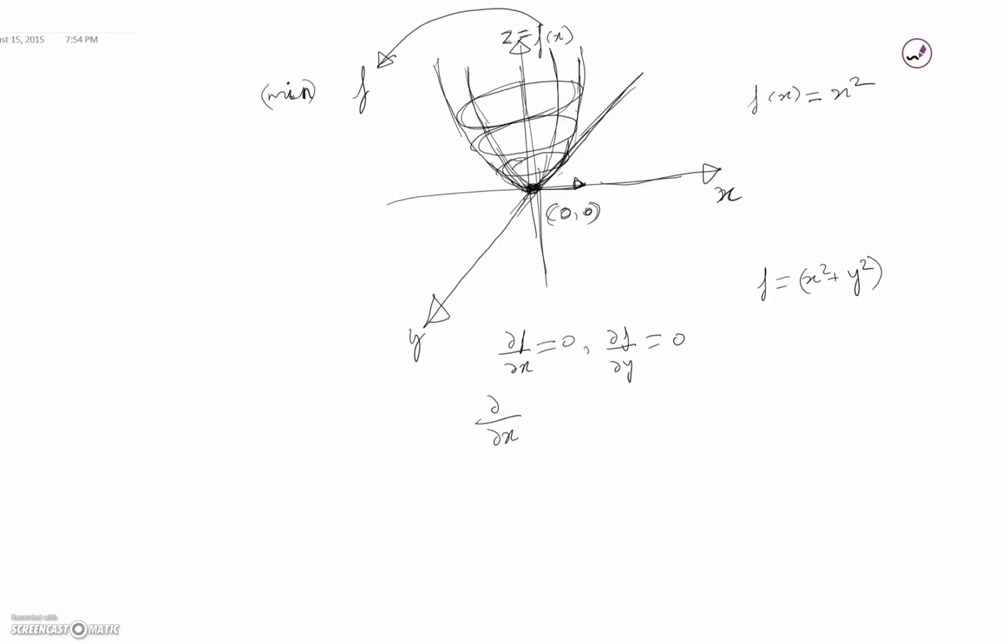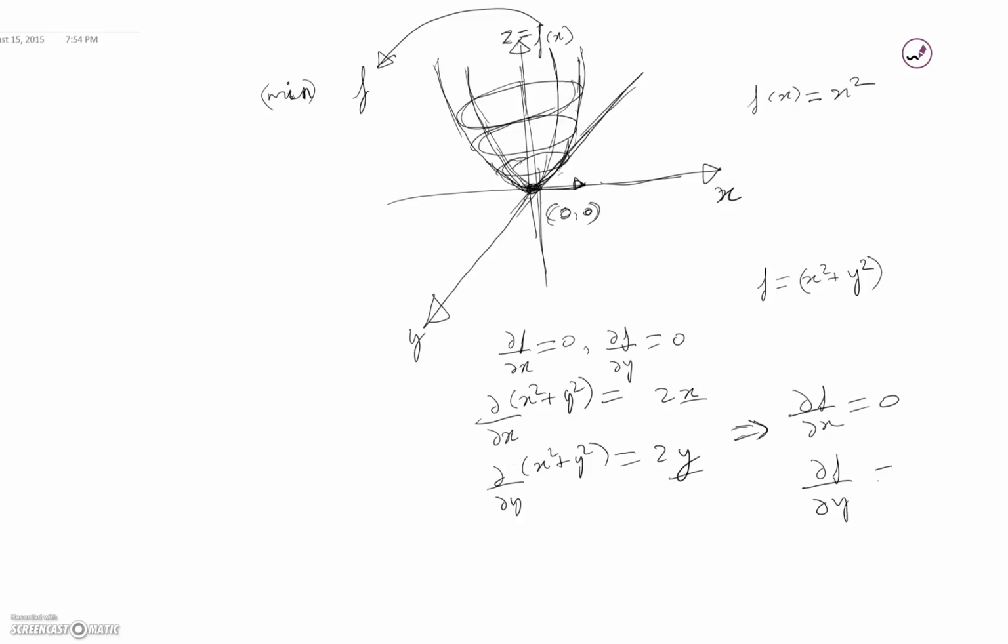Del f by del x is del by del x of x squared plus y squared, which is equal to 2x, and del by del y of x squared plus y squared equals 2y, and at the origin x and y are both 0, which implies del f by del x equal to 0 and del f by del y equal to 0.